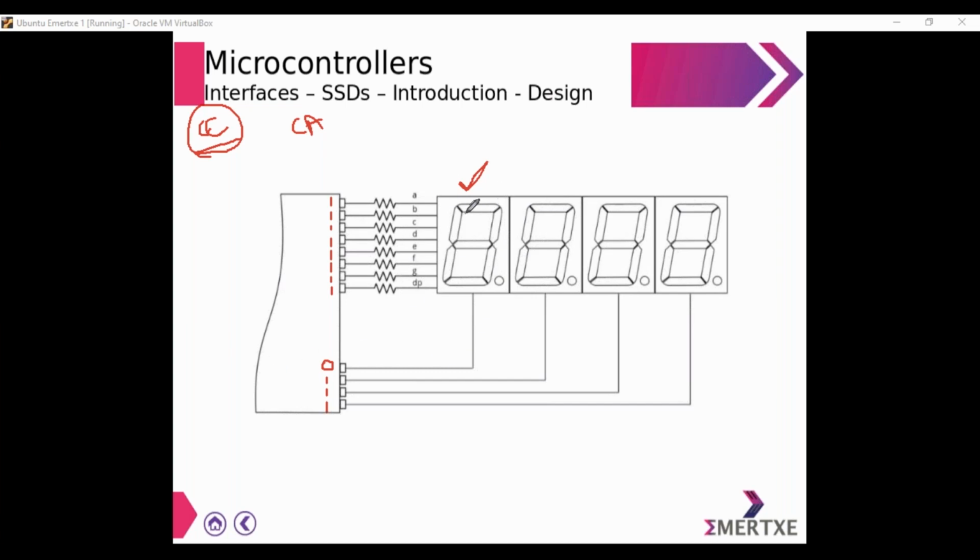If you observe, current from segment A flows to the ground, and so does current from segment B, C, D, E, F, G, and DP. So current from all the LEDs will go cumulatively into my microcontroller. Do you understand what is happening?